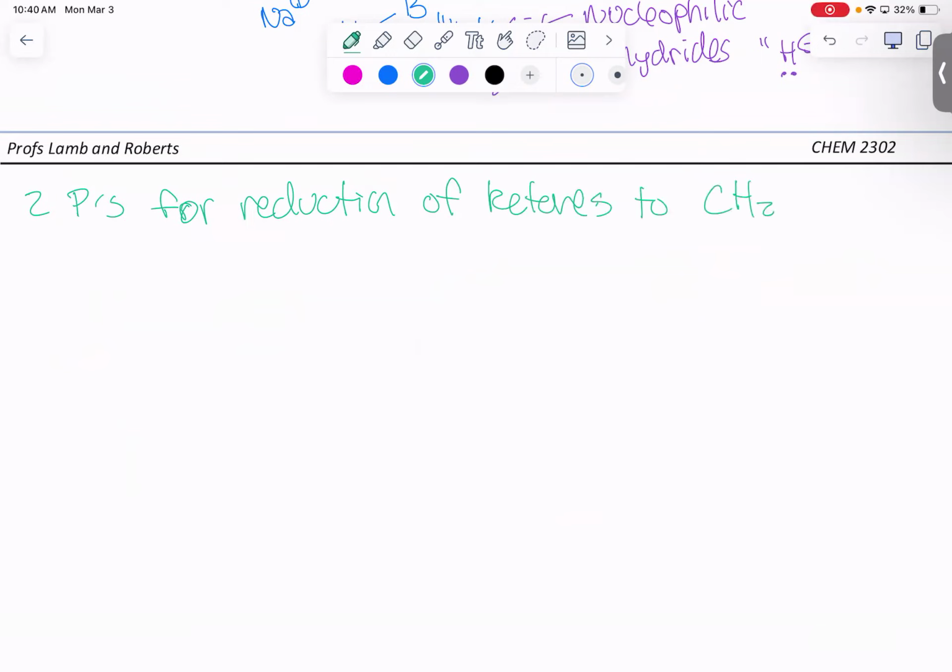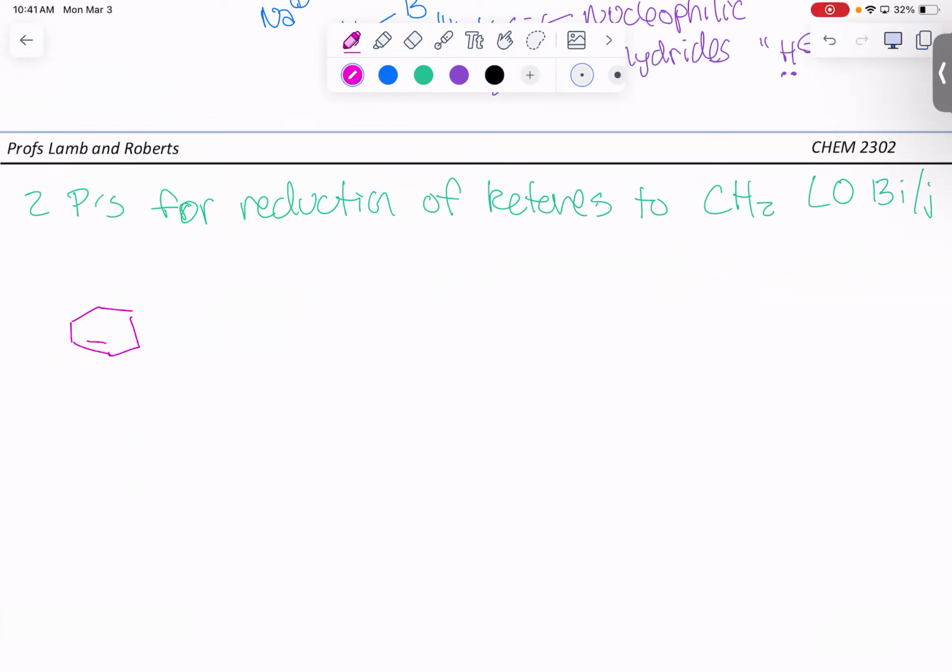We learned this back when we were talking about Friedel-Crafts acylation, also known as electrophilic aromatic substitution for acylation. This was our first chapter, learning objective 13I and J. We only used this in the context of reducing off those acyl products to generate alkyl products, but we can really use this reduction anytime.